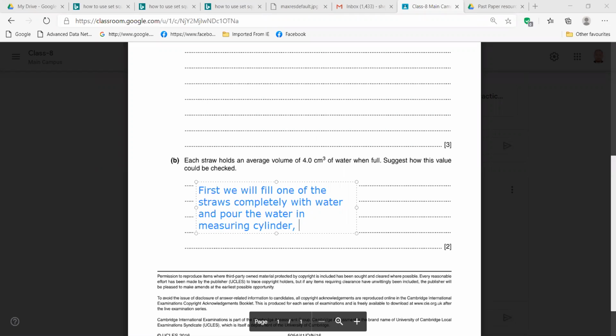Then we will take an average reading of all these straws. Do this process several times, and take the average reading of the volume.